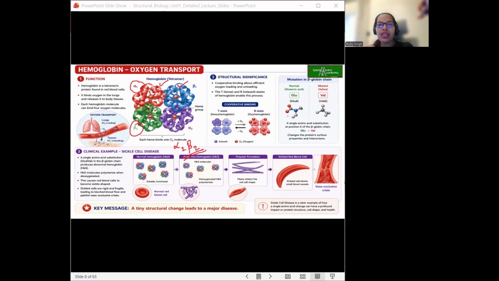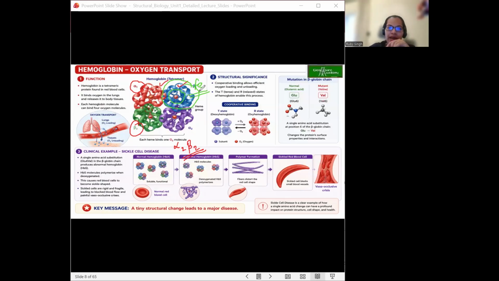Now, let's talk about the heme group. If I consider only one single subunit, let me change my color, you can see there is a center where the heme group is present. This heme group contains iron, Fe, which is essential for oxygen binding.